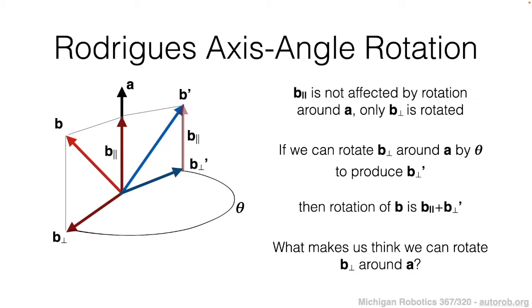That would then be the vector B rotated about the vector A by angle theta.